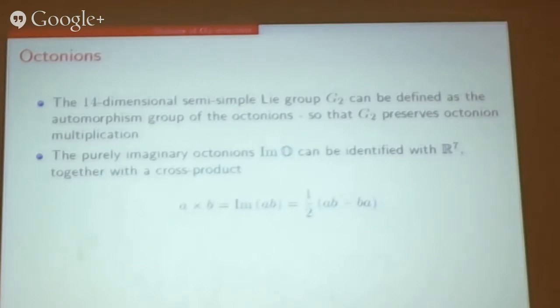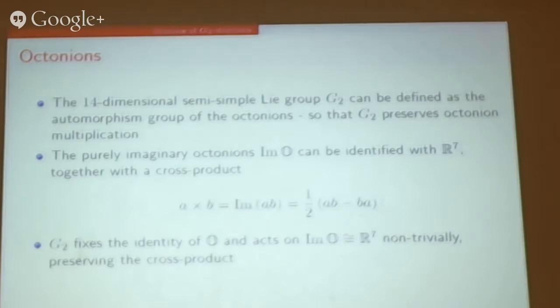And then we can define the cross product just by taking 2 of these pure octonions, multiplying them together, and then projecting back to the pure octonions. So this can be interpreted as just taking 2 vectors in R7 and doing some operation to them and obtaining another new vector in R7. So the same kind of thing as the vector cross product in 3 dimensions.